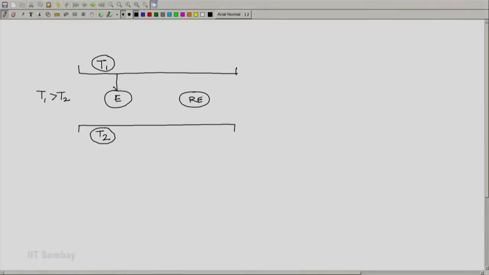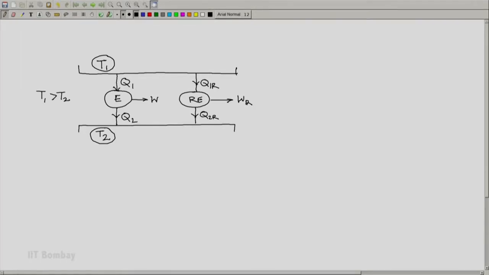Let us say that the engine absorbs heat Q1, rejects heat Q2, produces work W. Let the reversible engine, as shown earlier, absorb Q1R, reject Q2R and produce work WR.